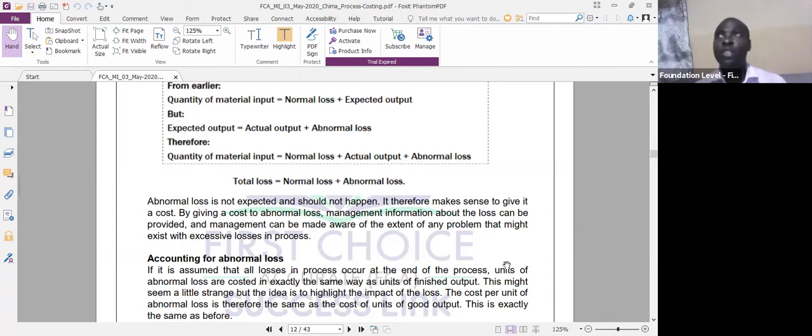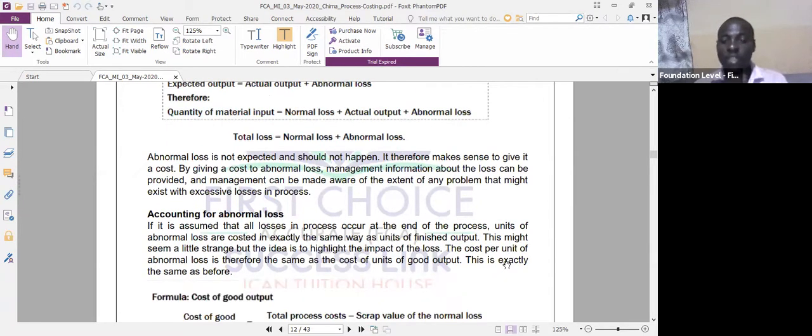So we are going to deal with abnormal loss as though it is part and parcel of our good production. Because if we had no abnormal loss, it would become part of our good production. So abnormal loss is to be treated the same way we treat our good production.